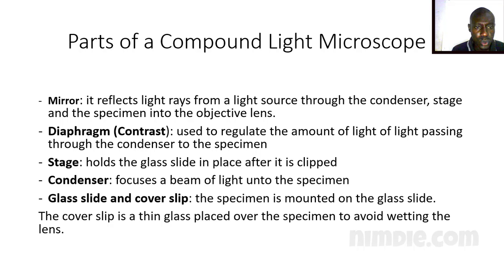The stage holds the glass slide in place and it is clipped. The condenser focuses a beam of light onto the specimen. Both the glass slide and the cover slip are used to mount the specimen. The cover slip is placed over the specimen to avoid wetting the lens.